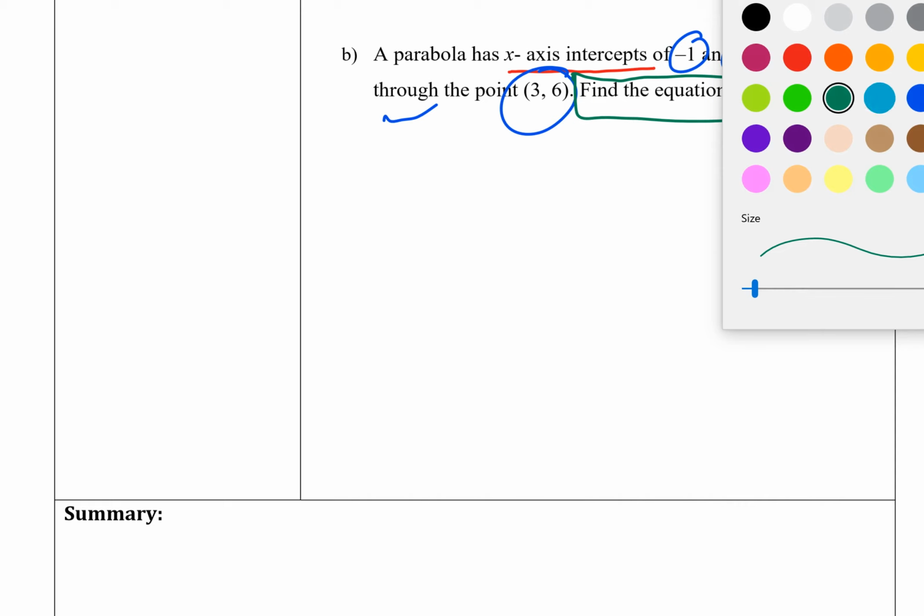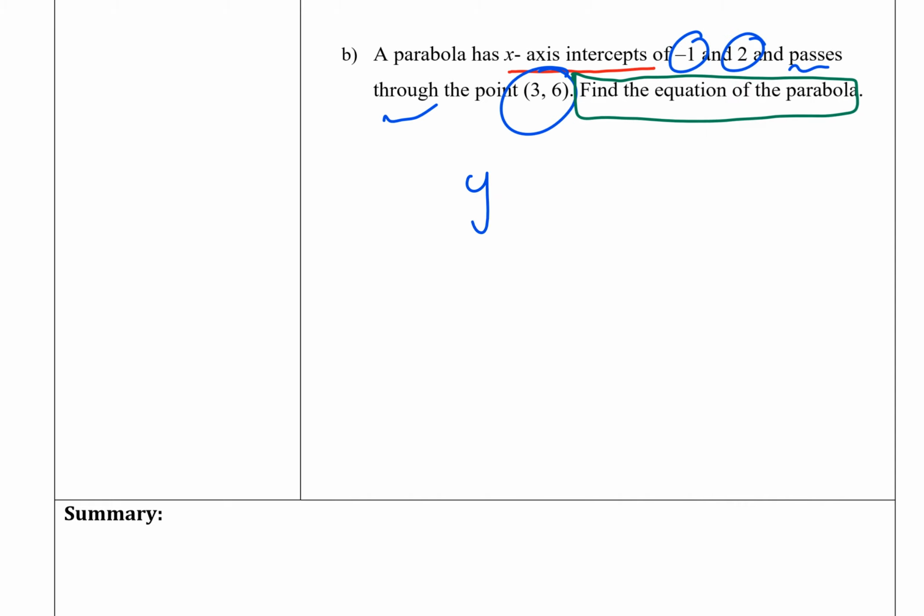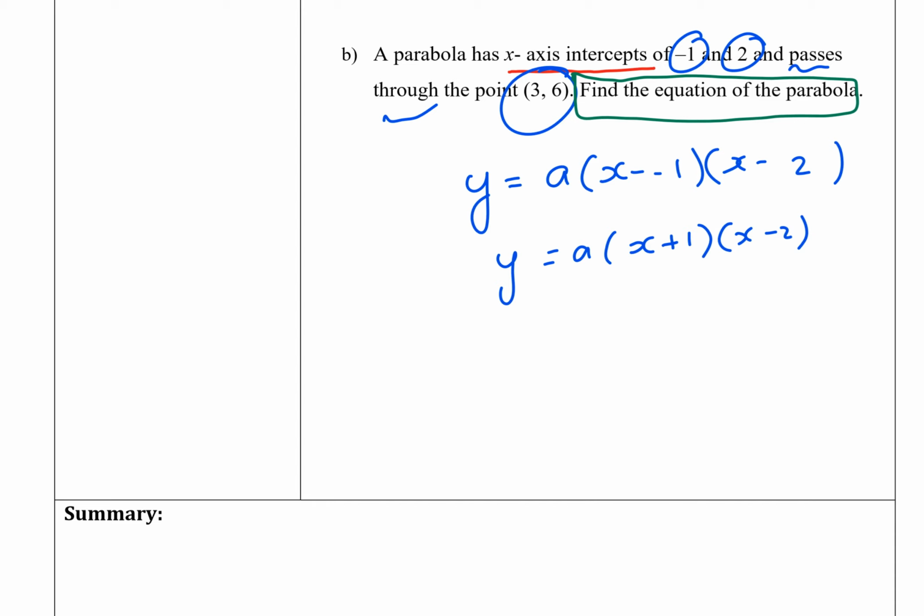Well, because I was given x-intercepts, let's start with the fact that y is a outside of (x minus the first intercept)(x minus the second intercept). Well, my first intercept was -1, and my second intercept was 2. And so I get y equals a outside of (x plus 1)(x minus 2).